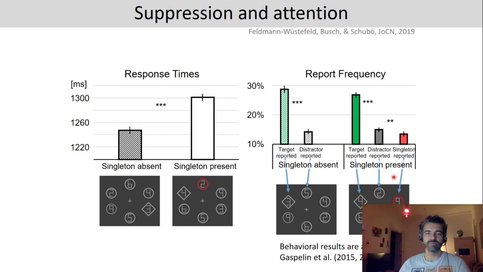When the singleton was present, also most of the trials were correct. So maybe 28% or so of the trials, participants reported the correct digit, which in this case would be the 4 because it's in the diamond. Now the critical comparison here is regular distractors and salient distractors.